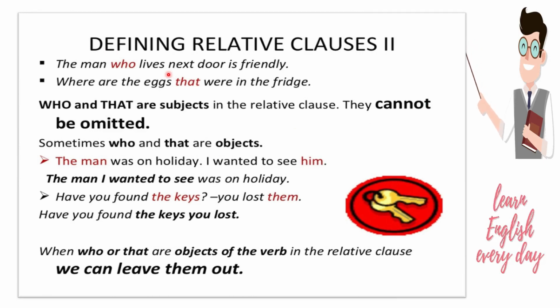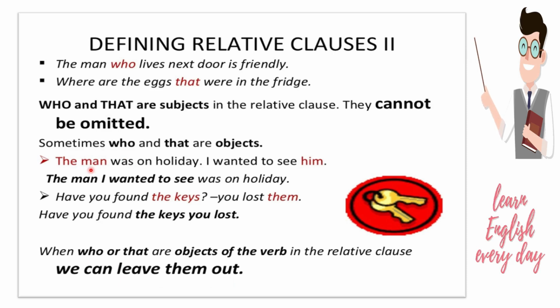They are crucial, necessary and important, because sometimes who and that are the objects. Is it still possible to omit them? Yes, if that is the case, it is possible. So who or that can leave. We can leave them out.